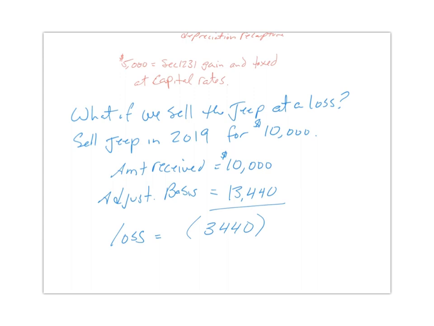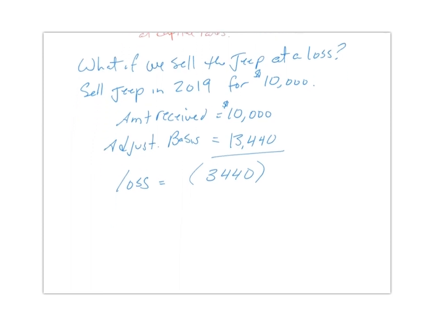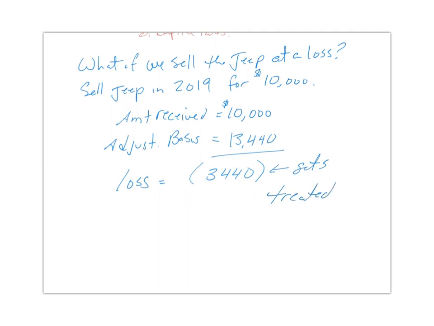So how is this loss treated? Well, this is the cool thing. Since this Jeep was business use property used in our business for more than a year, this loss gets treated as an ordinary loss.